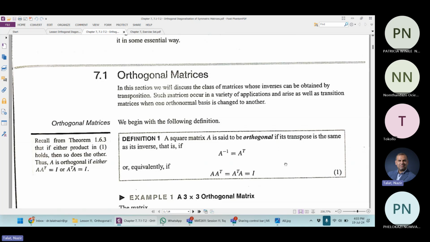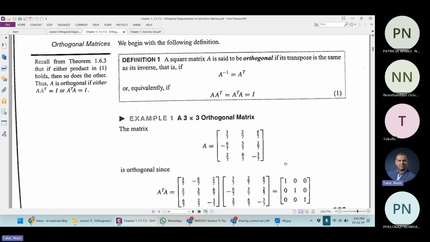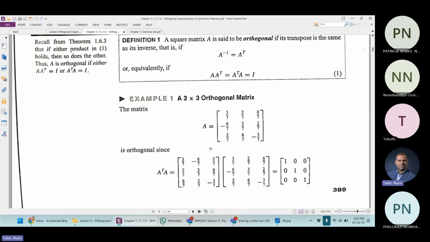The orthogonal matrix has some important applications and some useful examples. For instance, one can check whether a given 3 cross 3 square matrix is orthogonal or not. What we need to do is take its transpose. Transpose means rows are interchanged into columns and columns into rows, and we multiply on the left side as well as on the right side.